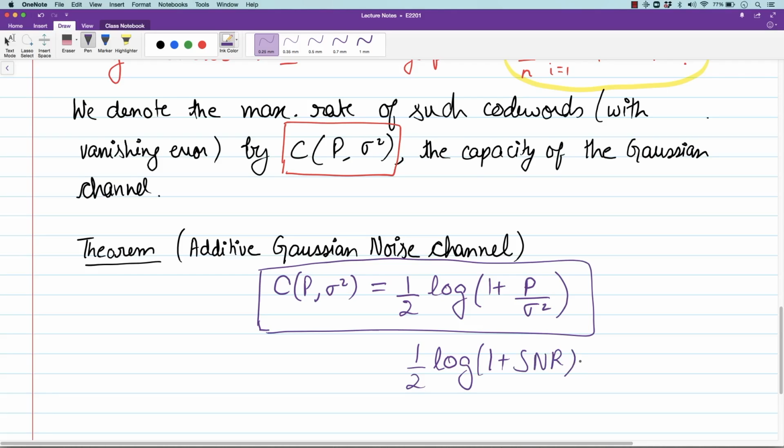All right. So what we will do in the remaining part of this unit is prove this formula. But proving this formula requires extending some of the notions that we saw earlier in the course to the continuous alphabet. In particular, we would like to extend the notion of mutual information and divergence to continuous alphabet. We will also need a cousin of entropy, but a rather different quantity called differential entropy.